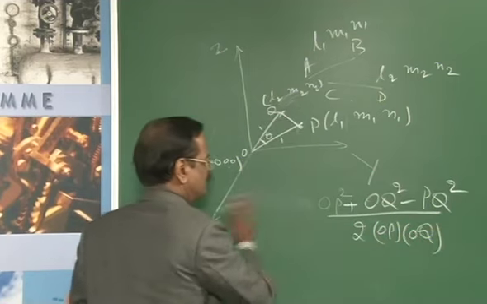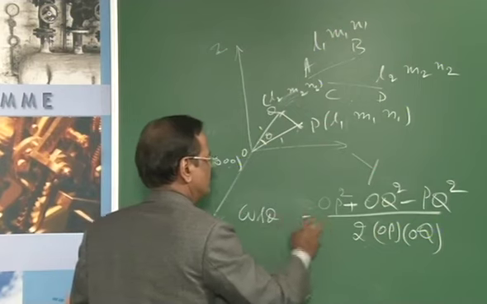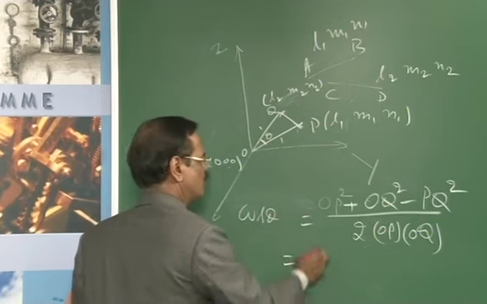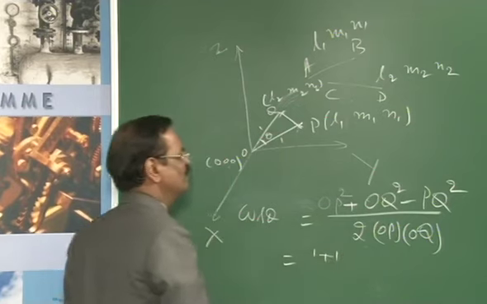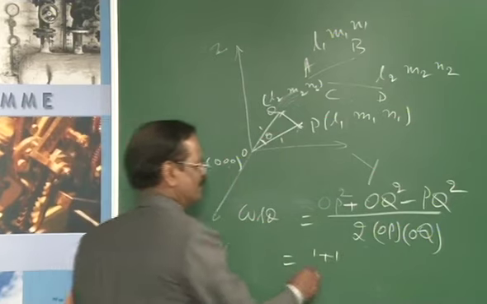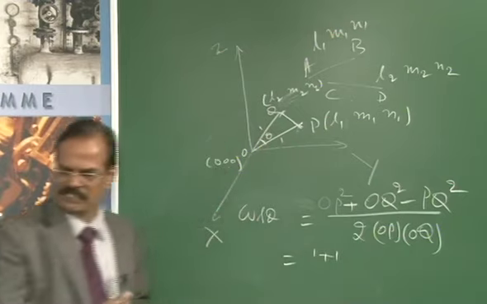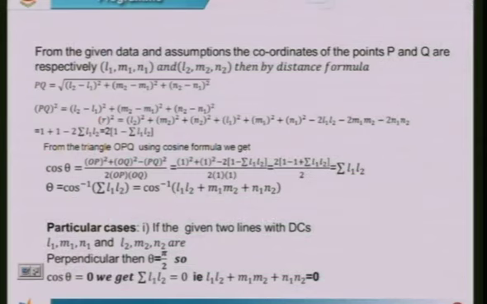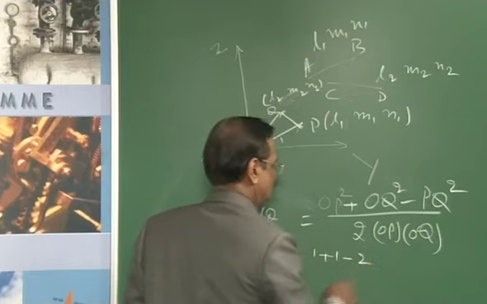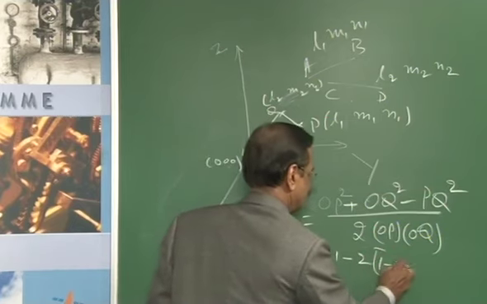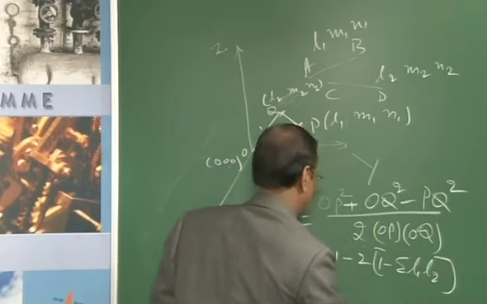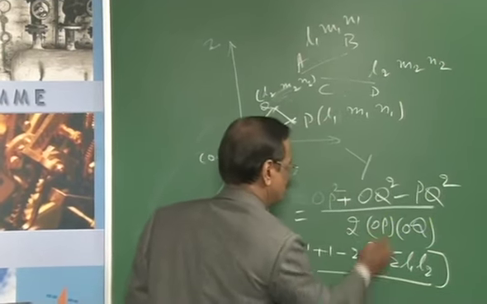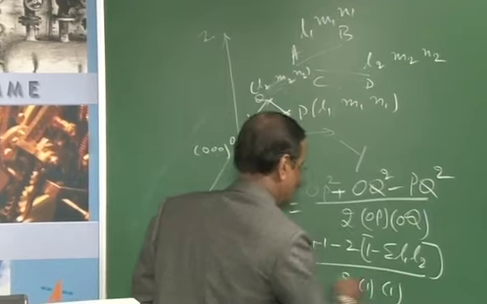So based on that, cos theta equals, OP square is 1 only, OQ square is also 1, and PQ squared you have got, that is 2 times 1 minus sigma L1 L2, divided by 2 only, because OP is 1 and OQ is 1.